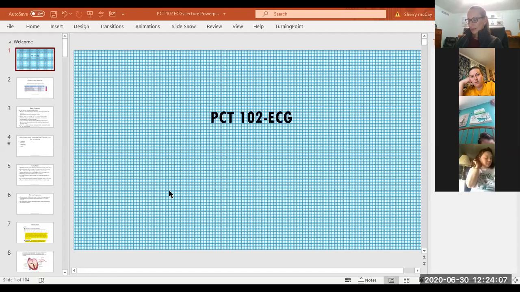All right, and then in which of the following locations should you place the V5? Okay, and it's at the anterior axillary line at the same horizontal level as V4. Same as before. What part of the cardiac conduction system initiates the heartbeat? You guys remember that one? The SA node.